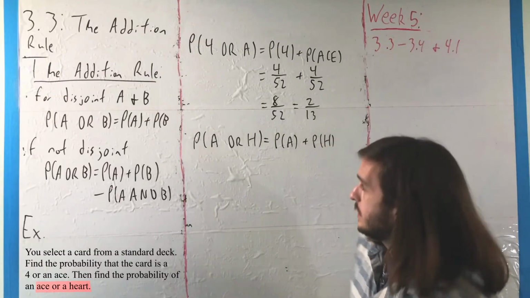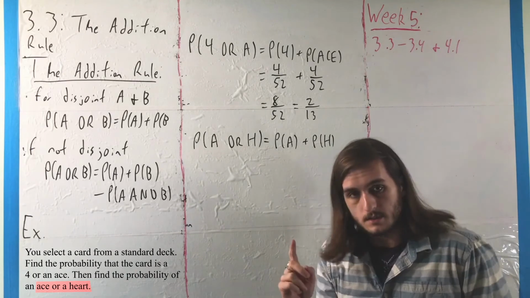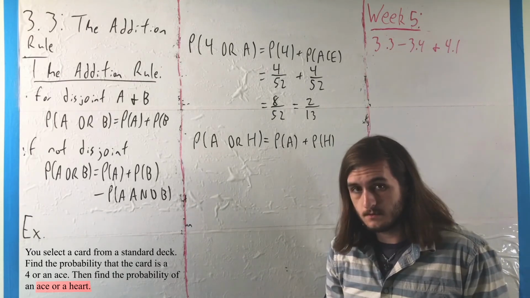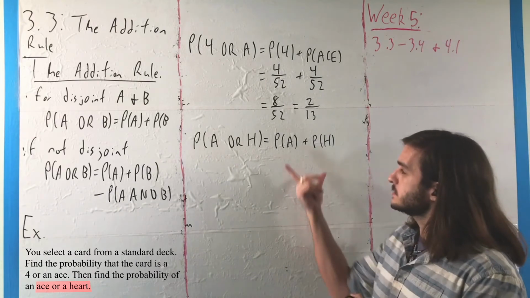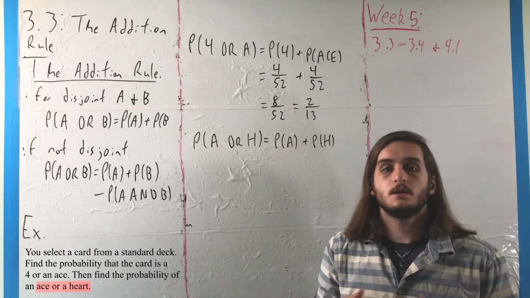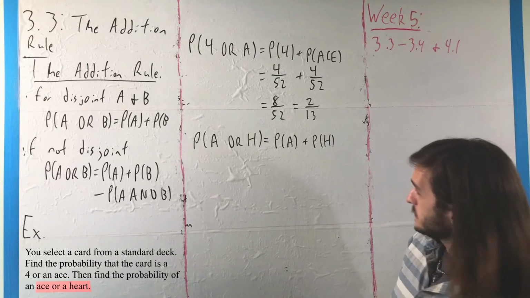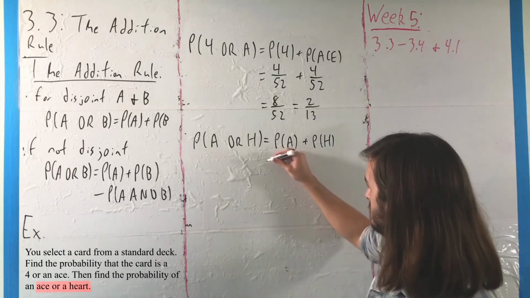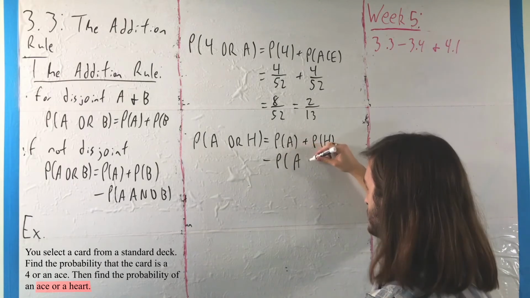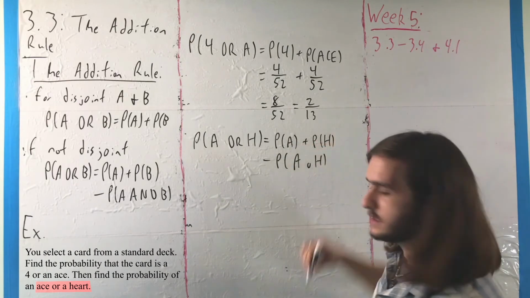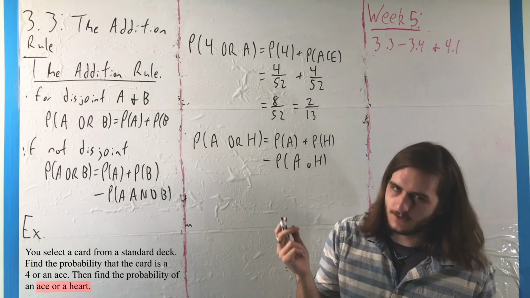So, when we're talking about these probabilities, these will not be disjoint events, because there is explicitly one case where you can get both an ace and a heart, the ace of hearts. So, we have to remove that probability of ace and heart, which I will just denote ace of hearts. In this case, it has a specific name.